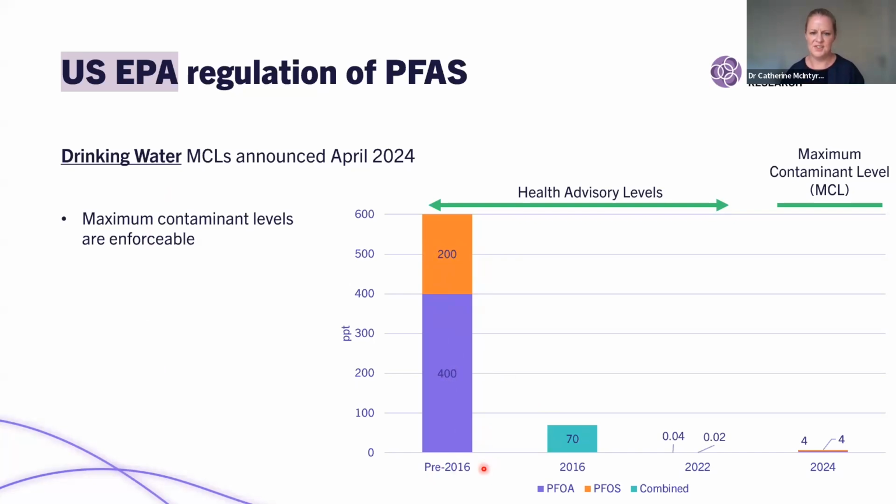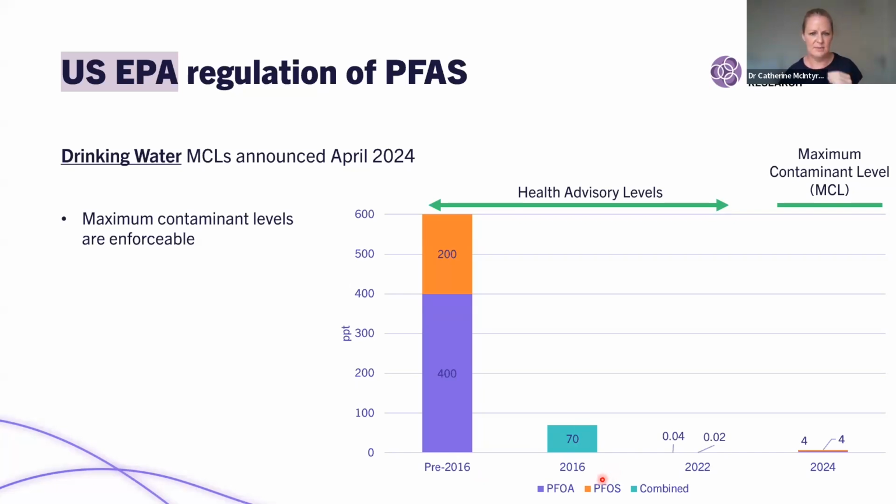Then in 2016, they drastically reduced that to 70 parts per trillion, realizing there were health implications from these compounds. But that was still a health advisory level. Now, with this maximum contaminant level, this is a really strong indication from the US EPA that they're going to deal with these.